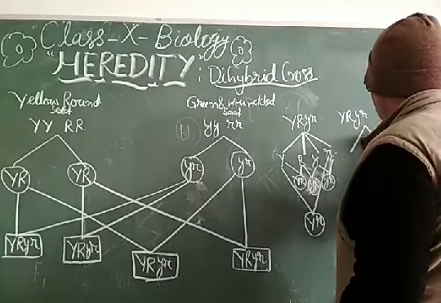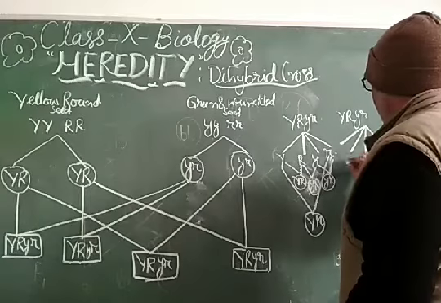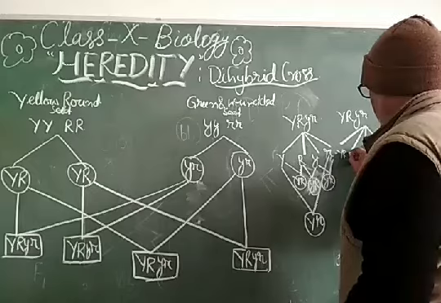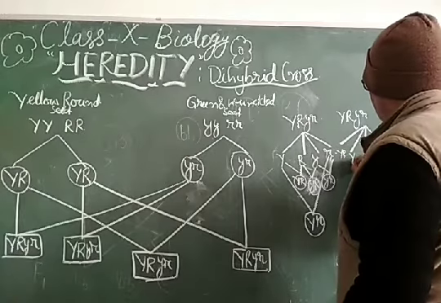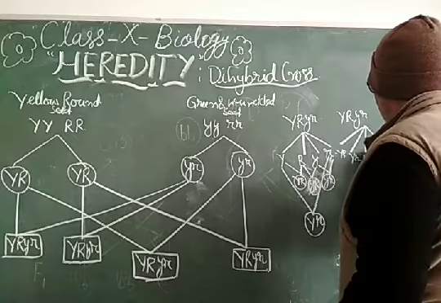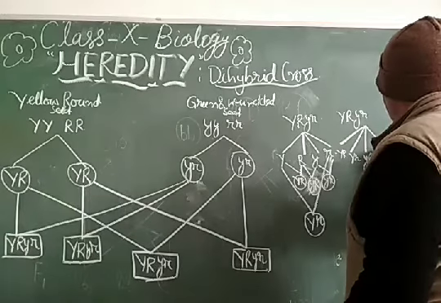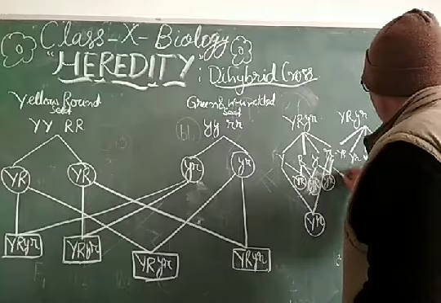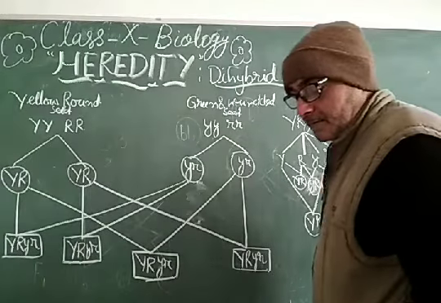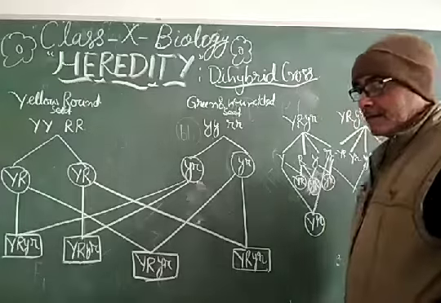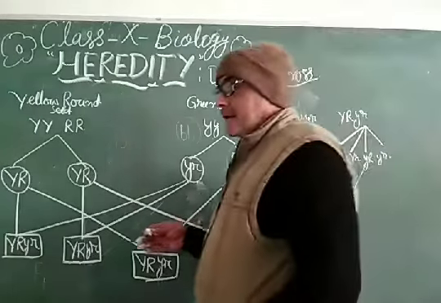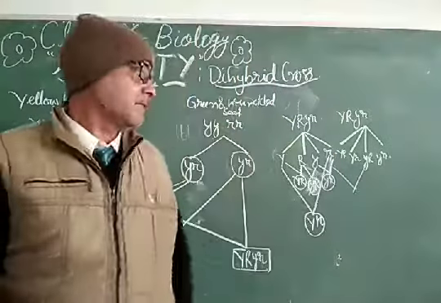here the formation of four types of the gamete will be there, like YR, and YR. So again the cross will take place, and you can understand the result of this F2 generation.